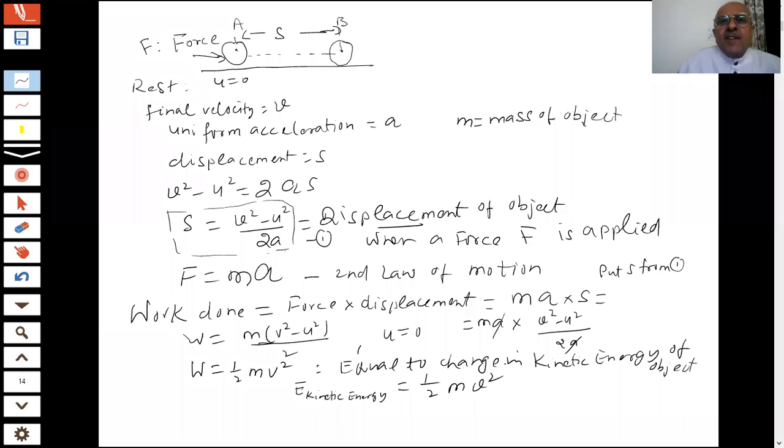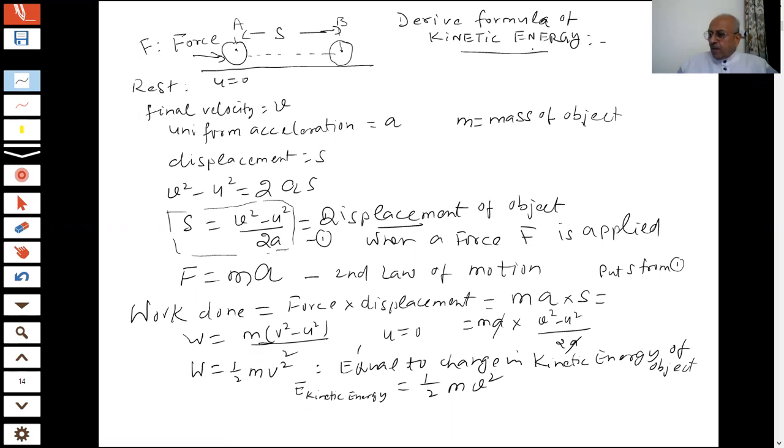So this is the derivation, students. The question was asked in the paper: derive the formula of kinetic energy. Can you do it? Tell me. You will be able to do it?